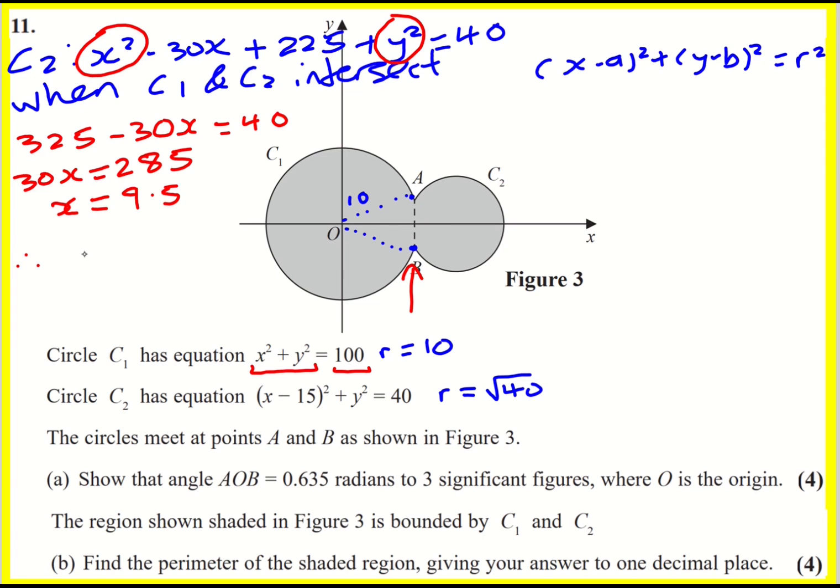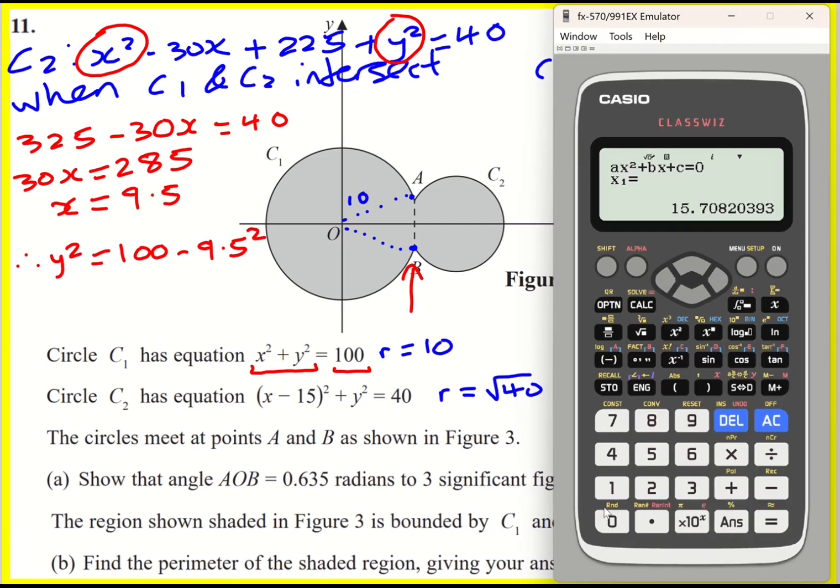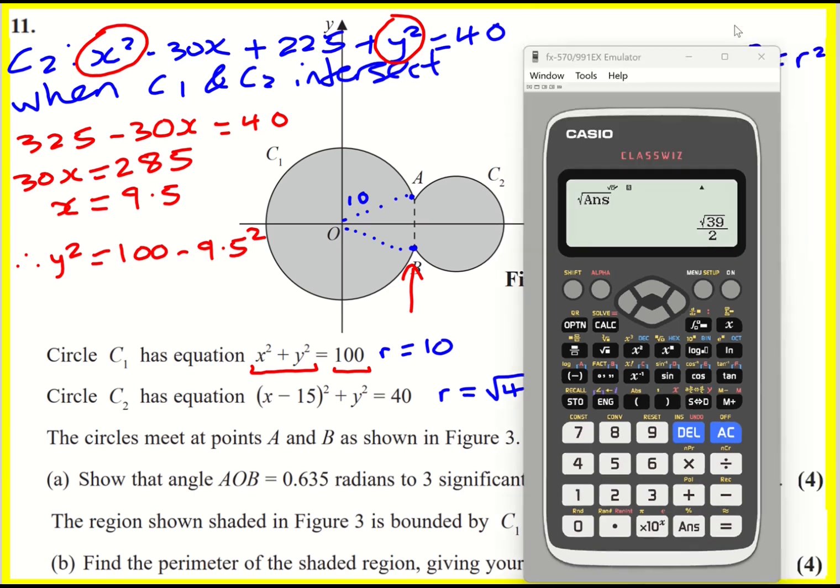Y squared will equal 100 minus 9.5 squared, which is 39/4. So then it's plus or minus the square root of that, which is root 39/2.